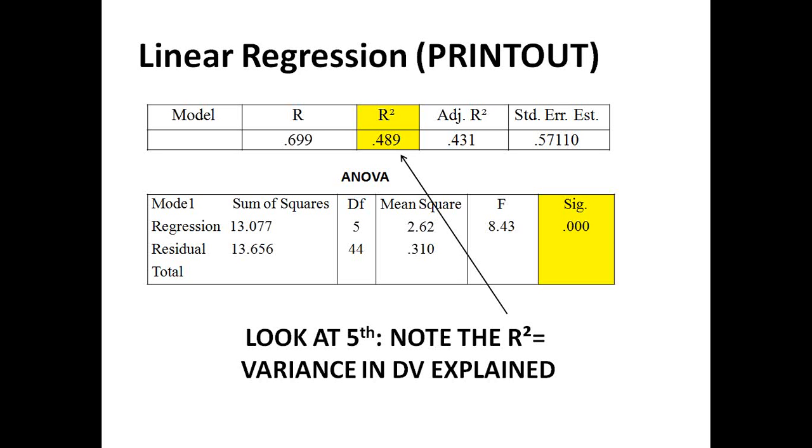So what it's saying is that almost 50% of the variance in happiness is explained by the independent variables in our model. And that's actually a very high R squared. Usually it doesn't get much higher than 50%. It could even be 6% or 7%, and the model can still be significant. So 50% is a very big R squared.